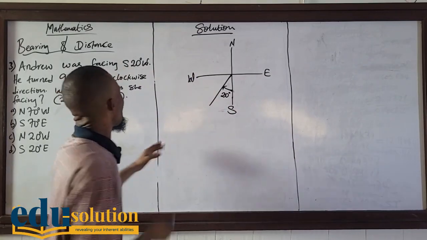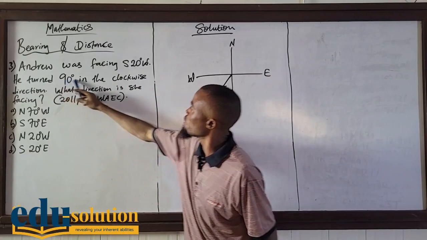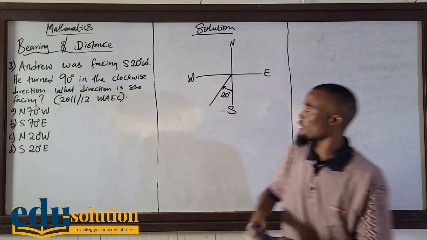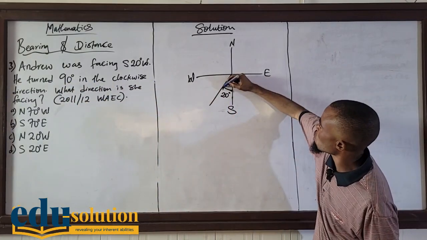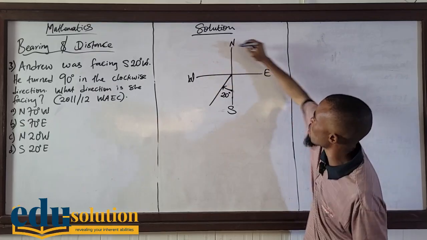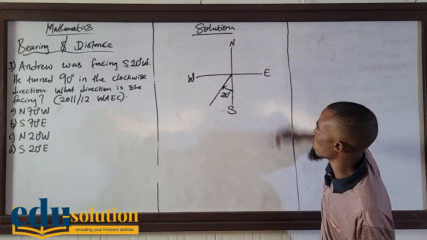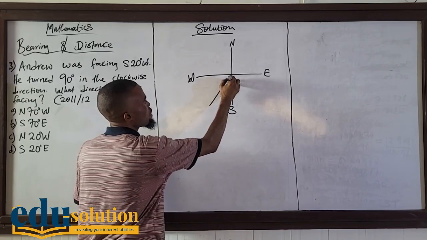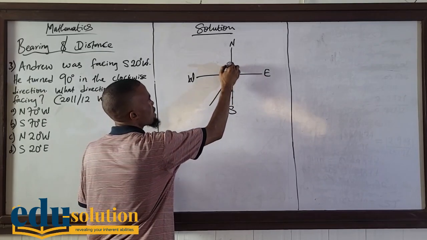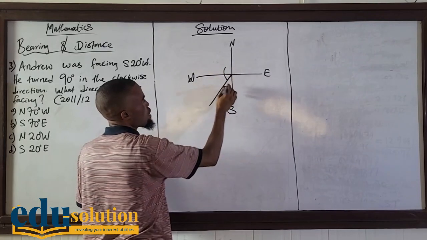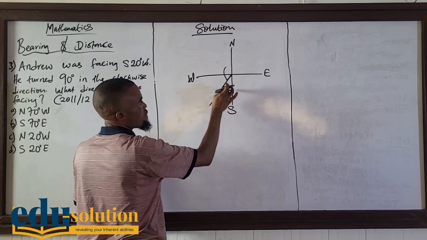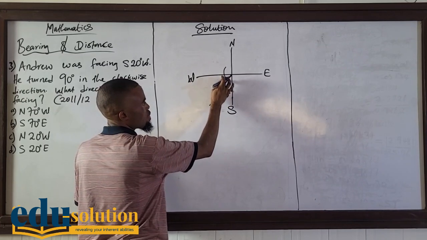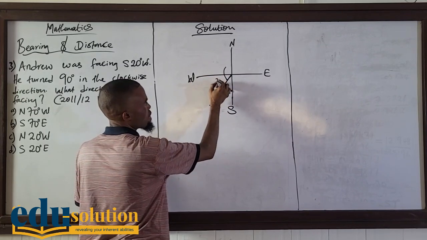Again, the question said that he turned 90 degrees in the clockwise direction. That means this is his direction now. He turned 90 degrees like this in the clockwise direction. Let's assume, because if here is 20, this remaining part is going to give us 70.